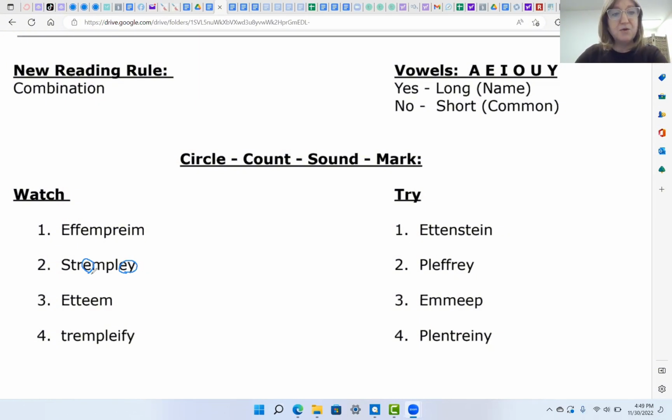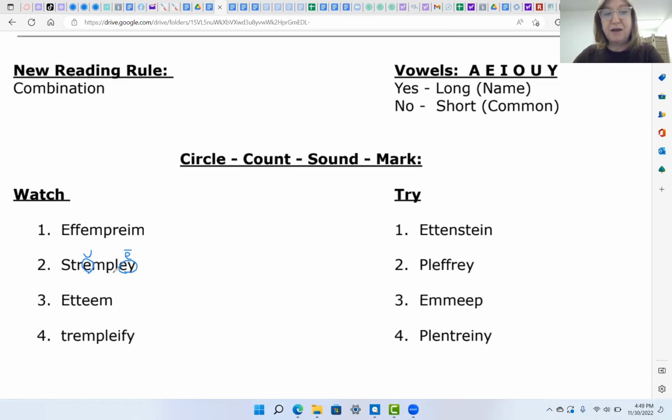Okay, so this first E has two consonants after it, so it's going to make its short sound. EY is a reading hack, and it makes the long E sound. So this word begins with a three-letter blend. A three-letter blend is three consonants. They each make their own sound, but it's important to pronounce every single sound within that blend.